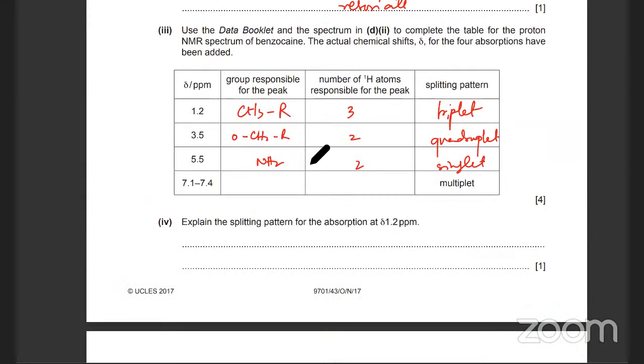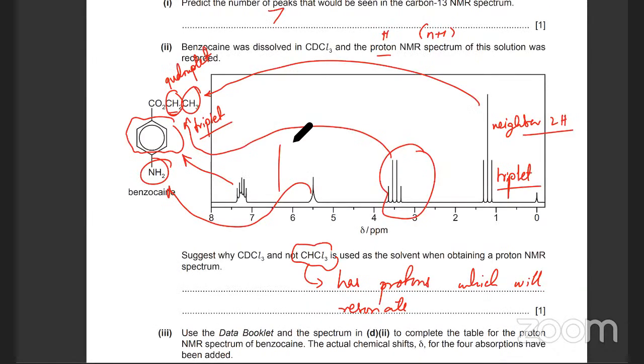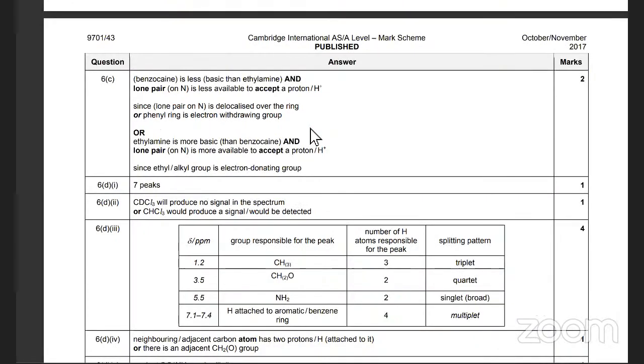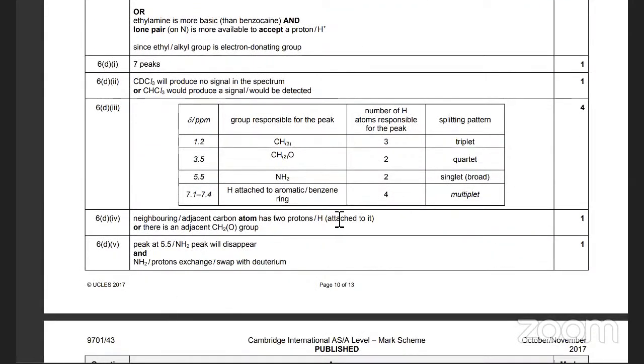So finally, explain the splitting pattern. What you're just going to explain is that at 1.2, the neighbor has 2 hydrogens, so it splits into 3 peaks. I don't think they would ask for details. Just adjacent carbon has 2 protons, so that's it. That's just 1 mark for that.